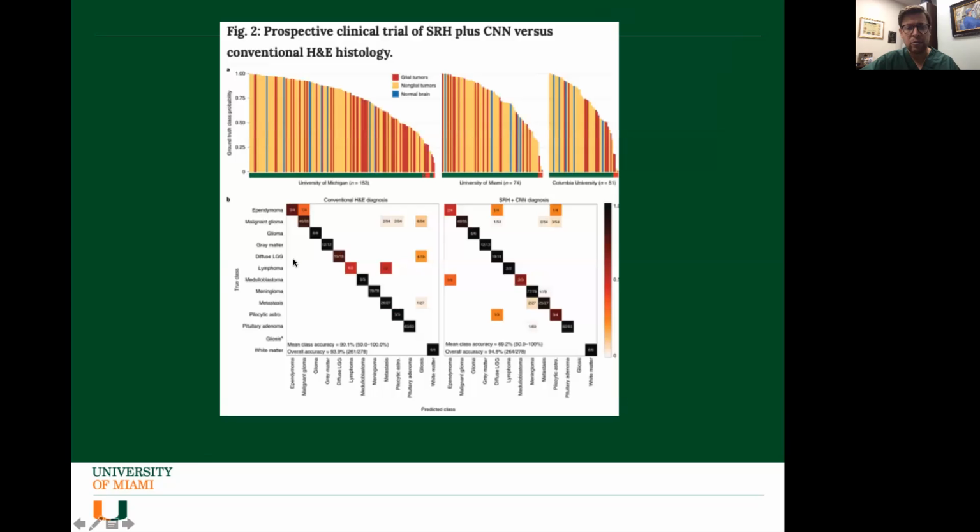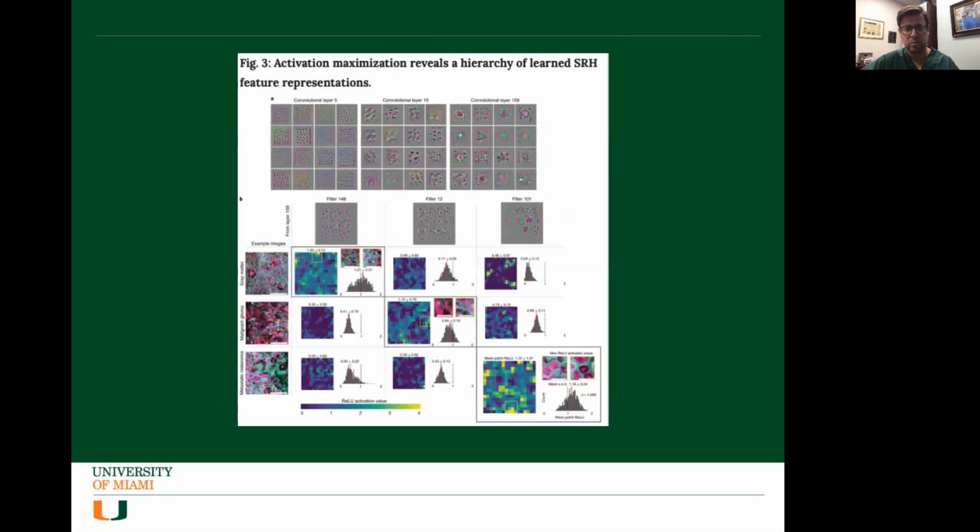And so after this was developed, we then used 278 samples from the University of Michigan, University of Miami, and Columbia with these 10 samples to see how well the AI could then predict the tumor itself without any intervention from the pathologist or with any clinical data whatsoever.